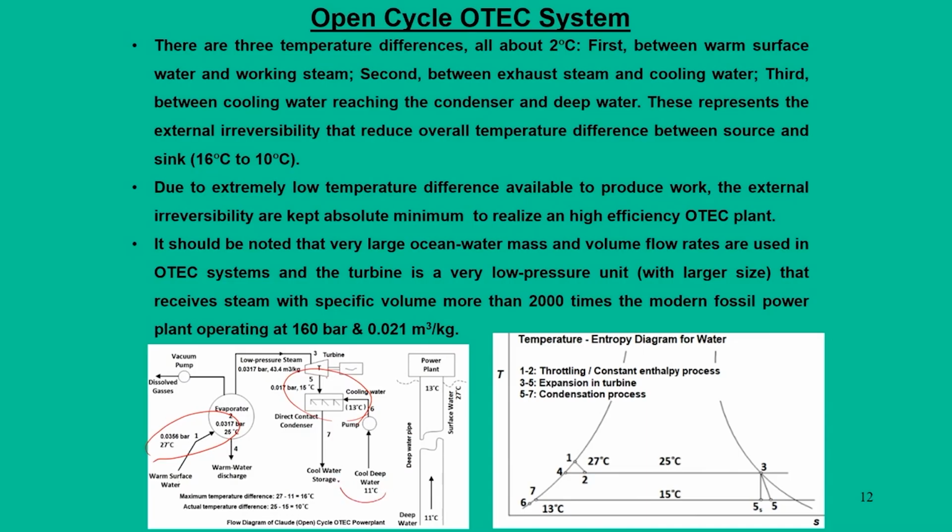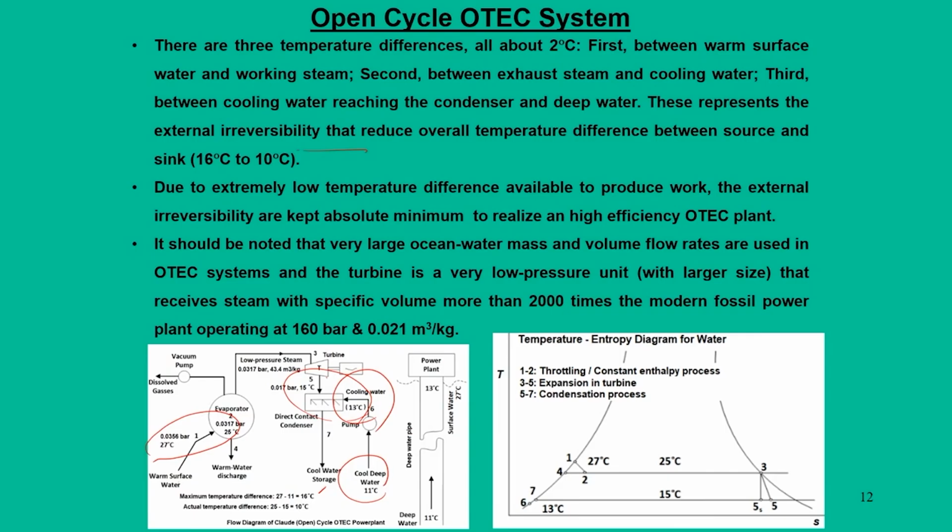Then between deep water and cooling water entry to the condenser, you have only a 2 degree temperature difference. Within these 2 degrees, there are issues like irreversibility, and although the maximum possible temperature difference could be 16 degree centigrade based on the availability of water, the only possible heat exchange is about 2 degree centigrade.